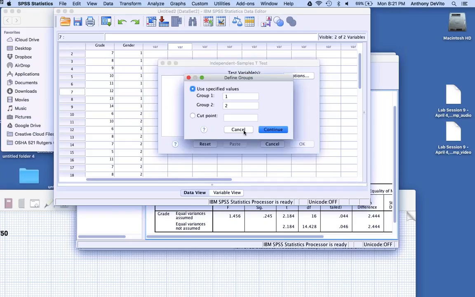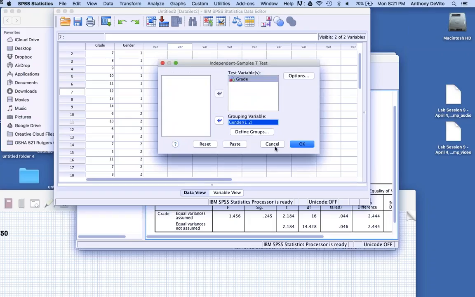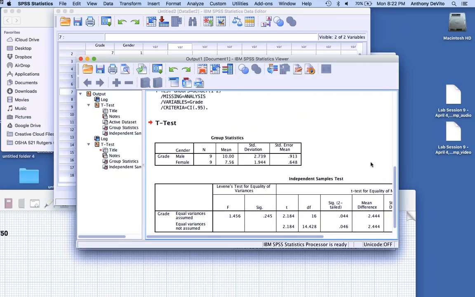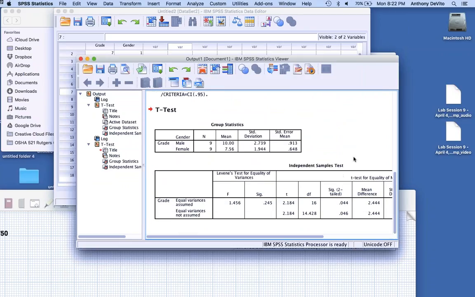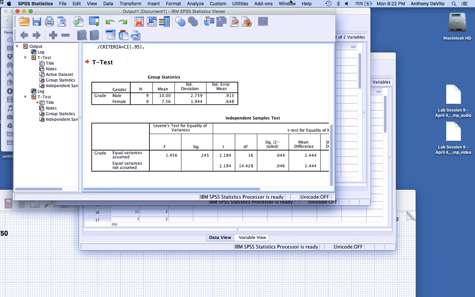I'm going to define the groups. Now, if you put in 0 and 1, it won't work, right? Because there's no 0. So I put in 1 and 2. I hit continue, okay? And now I check the options. I was okay there. I'm going to hit okay. And it pulls up the output window, and it does the calculation. Okay, let's see what I got for the result.